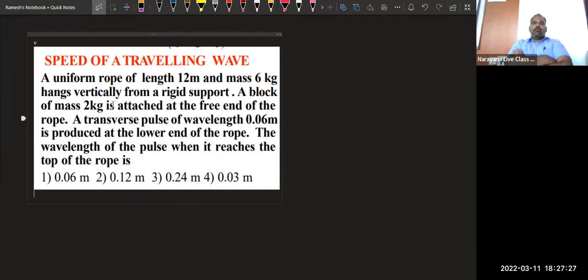A uniform rope of length 12 meter and mass 6 kg hangs vertically from a rigid support. A block of mass 2 kg is attached at the free end of the rope. A transverse pulse of wavelength 0.06 meter is produced at the lower end of the rope. The wavelength of the pulse when it reaches the top of the rope is how much?